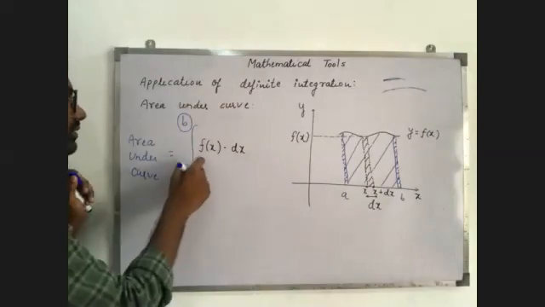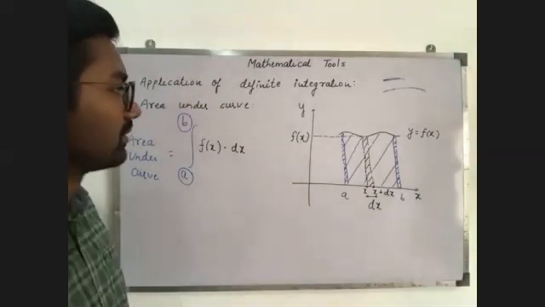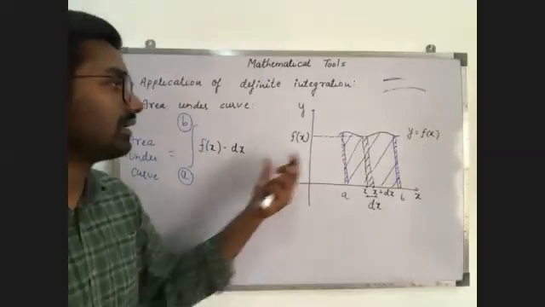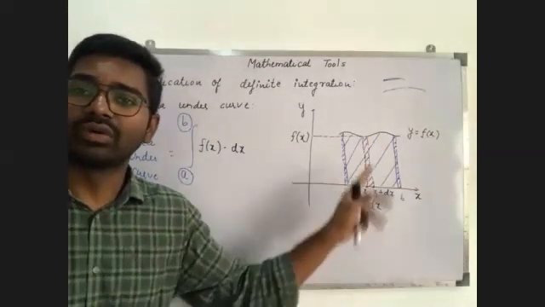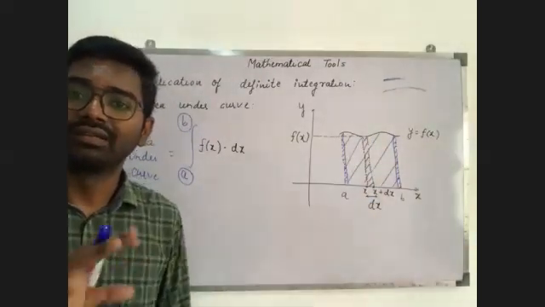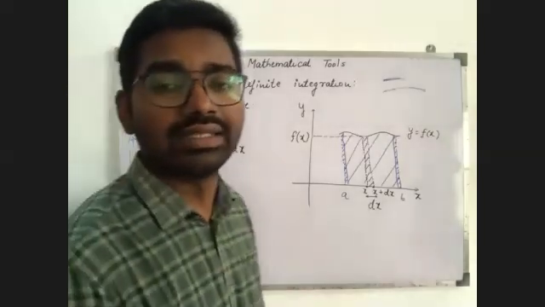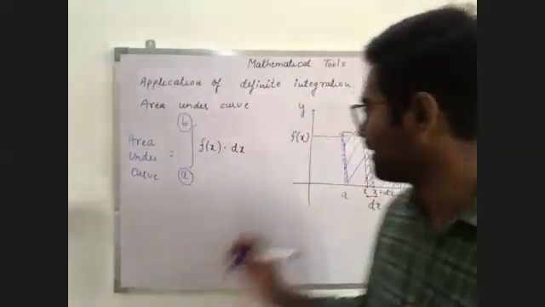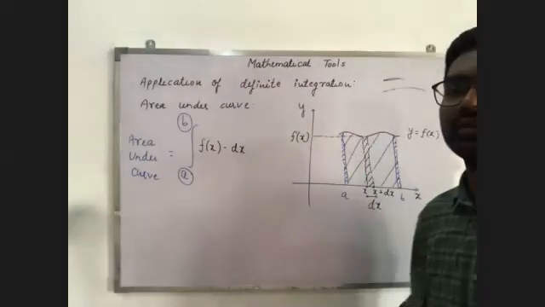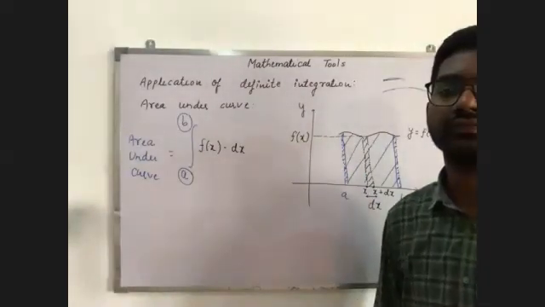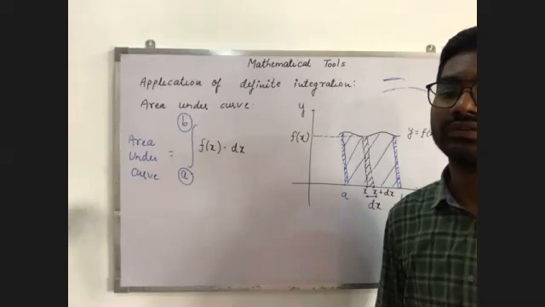This is the lower limit. Is it clear that if any curve has been given, and I integrate it from the lower end to the upper end, I will get the area under that curve, under that graph? And I have shown you how we are finding it. Clear to everyone?